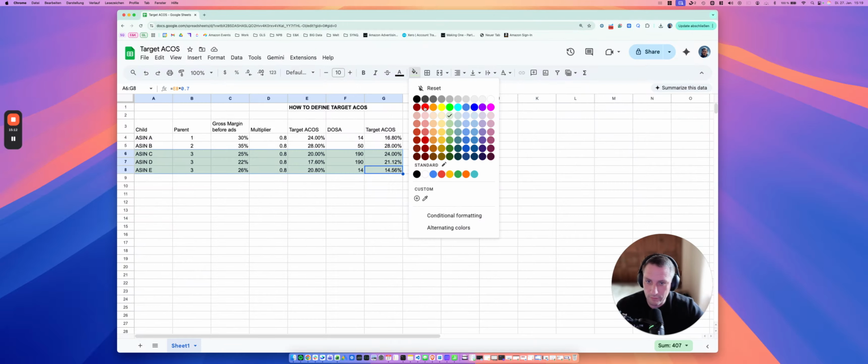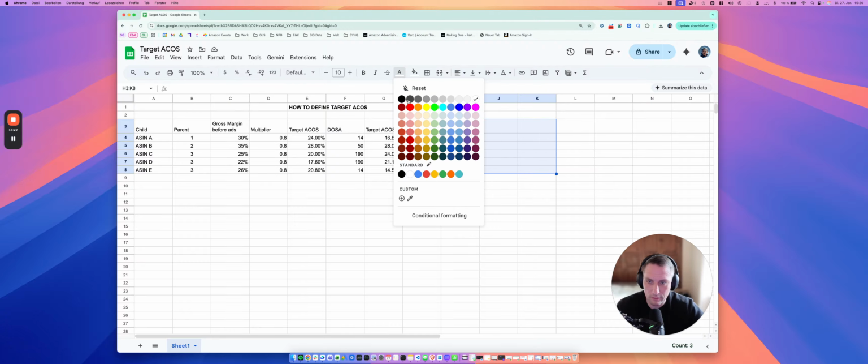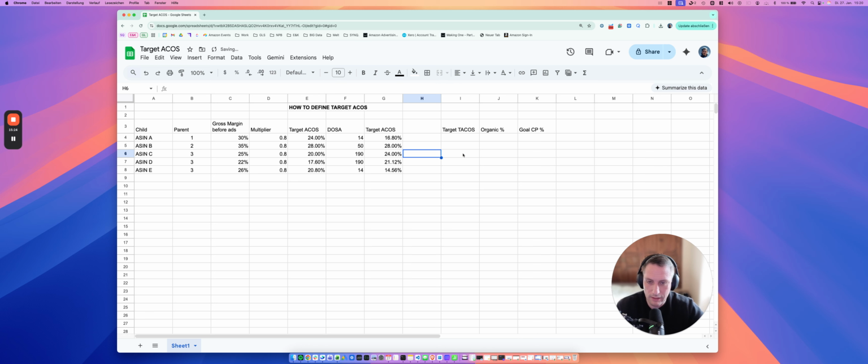You don't have to set your target ACOS necessarily on a child ASIN level, and you don't have to define it based on your gross margins. There's a few more things that you can do here, and let's get into this here. So what we can do as well is we can set a goal contribution profit, right?